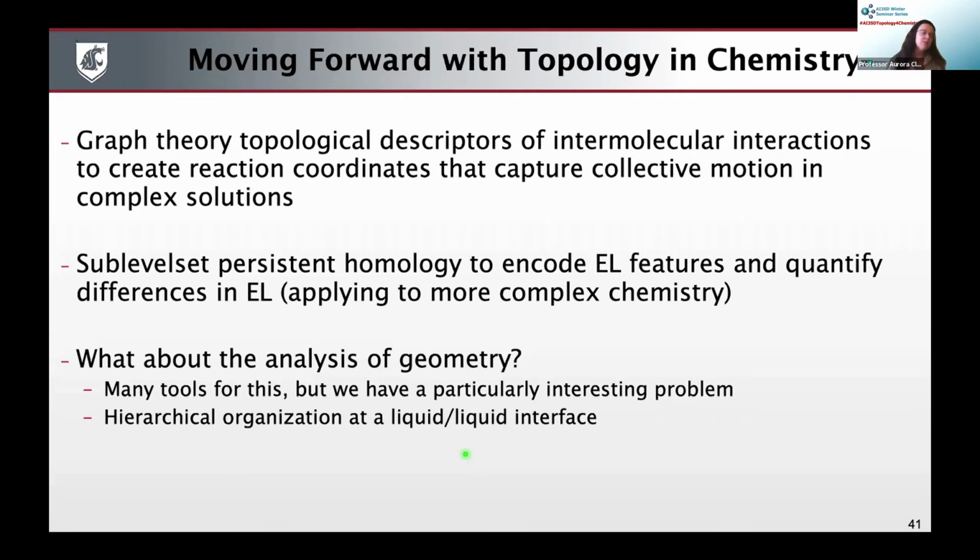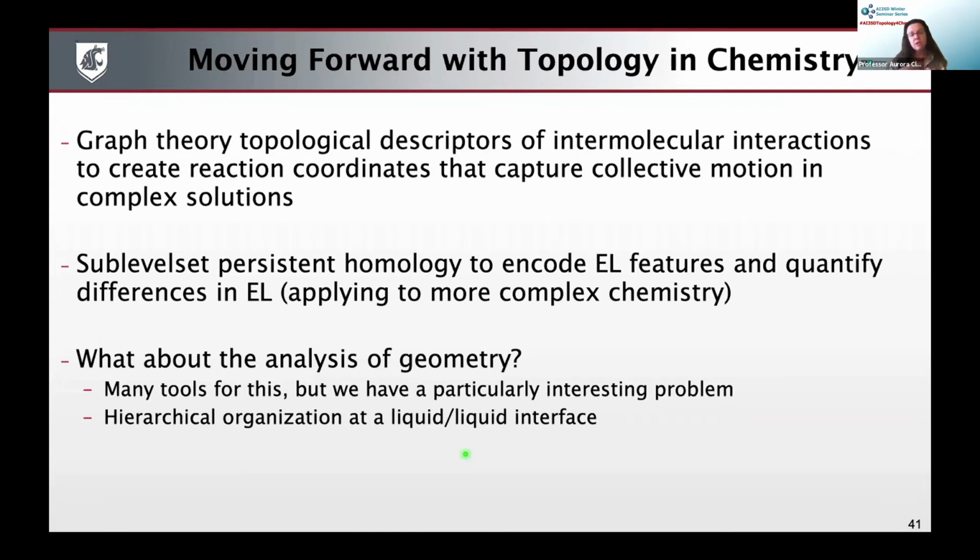There are many tools, right? Geometers have been around a really long time studying the properties of geometry. But in complex solutions, there are some really interesting features that can emerge that challenge the current notions of how we might quantify geometric features in a system.